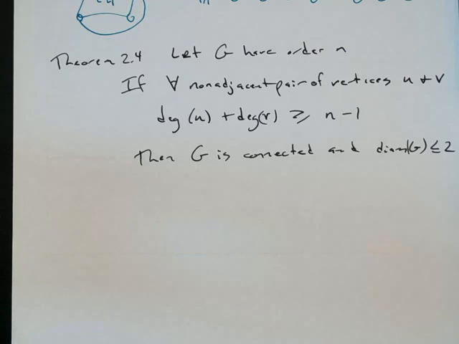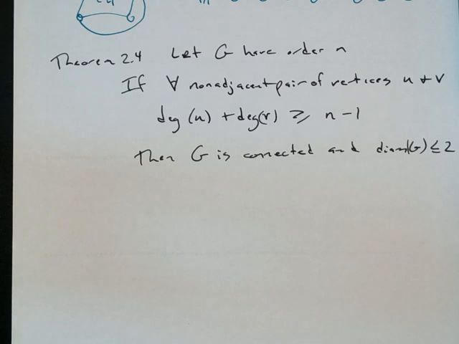A graph is connected if... that's a theorem. What's the definition of being connected? So I want to prove that no matter which 2 vertices I pick, there's a path, right?